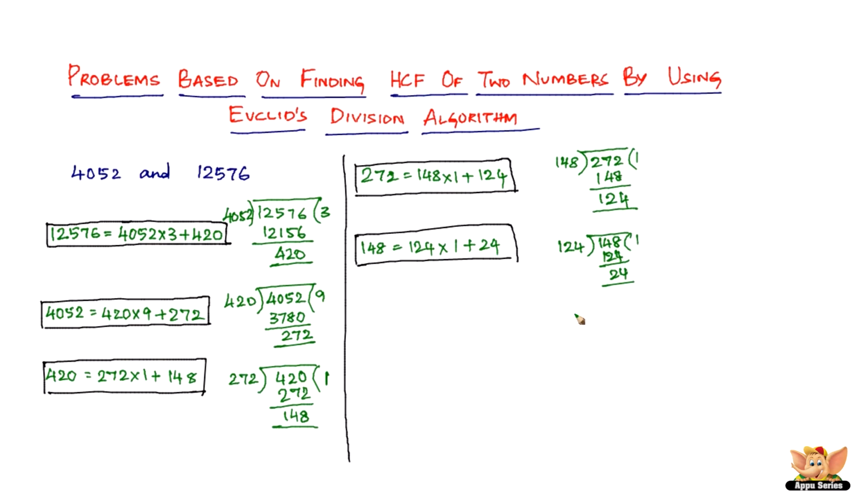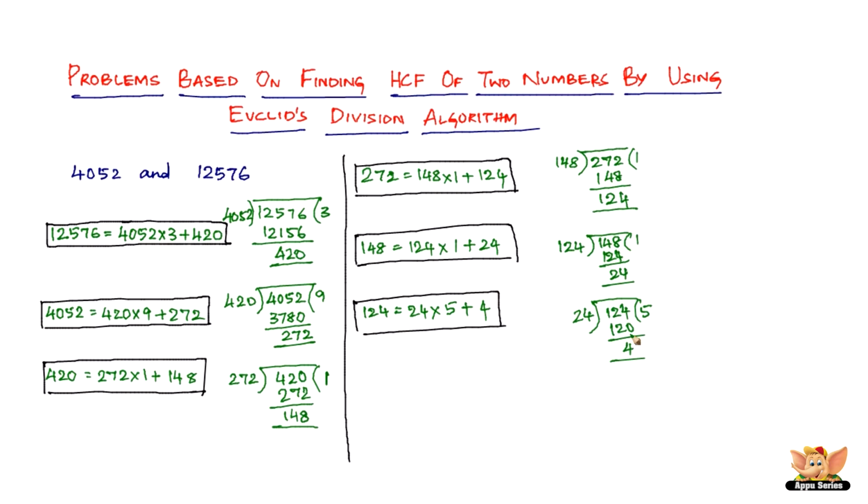Here the remainder becomes the divisor and the divisor becomes the dividend. 24 goes 5 times to get 120. The remainder is 4. So let's rewrite this as the dividend 124 equals divisor 24 times the quotient 5 plus the remainder 4.